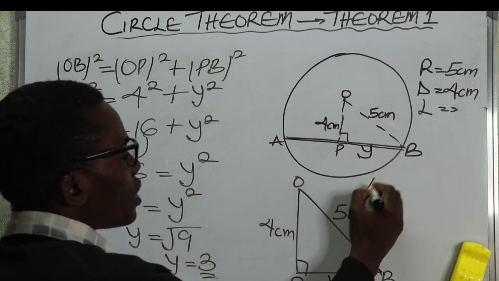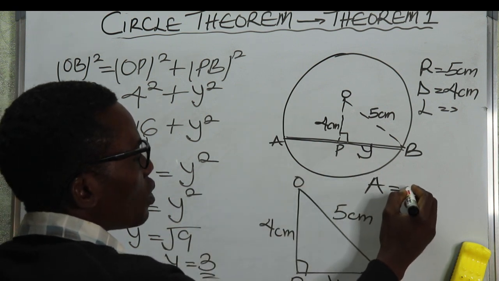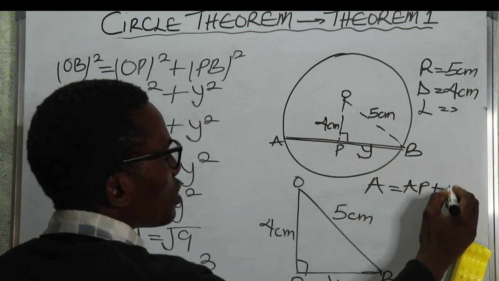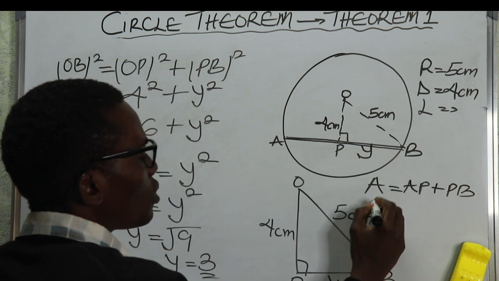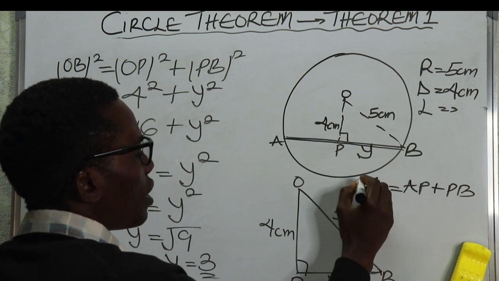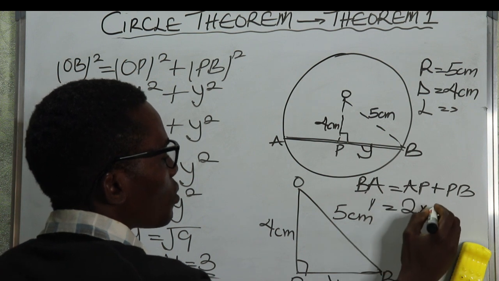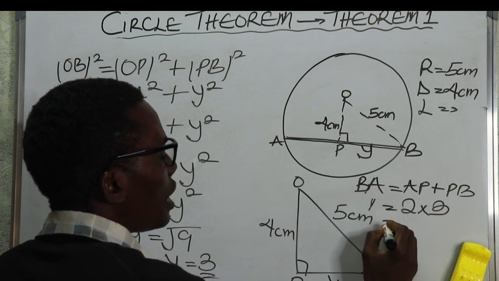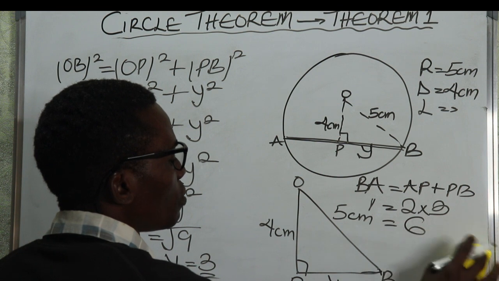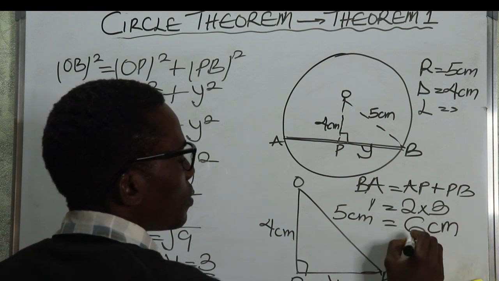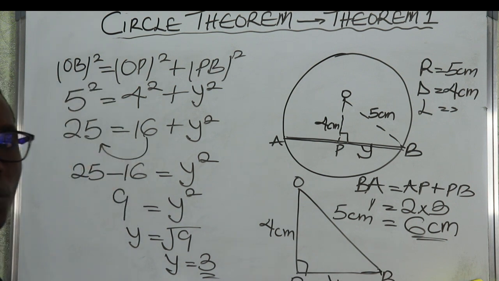Remember, the chord AB is equal to AP plus PB. So we are going to have our AP or our PA to be equal to 3, and PB also 3. So that means the length of the chord is going to be 6 centimeter, that is 3 centimeter times 2.